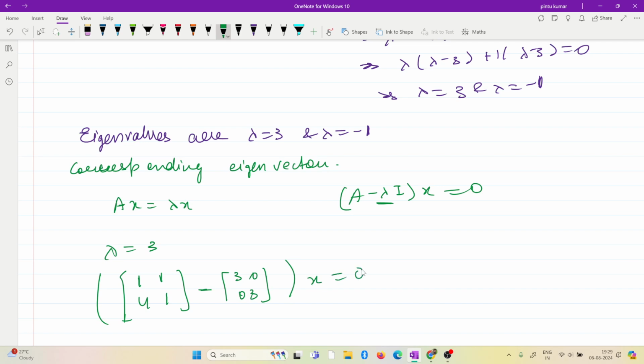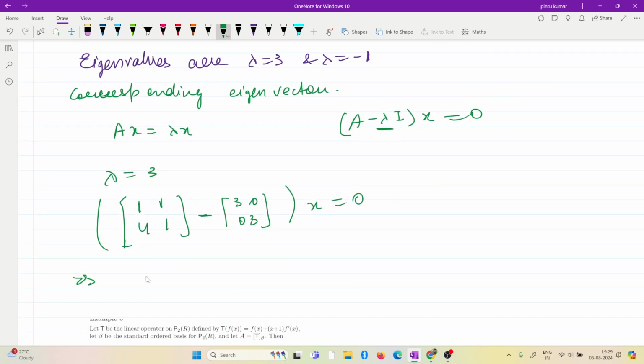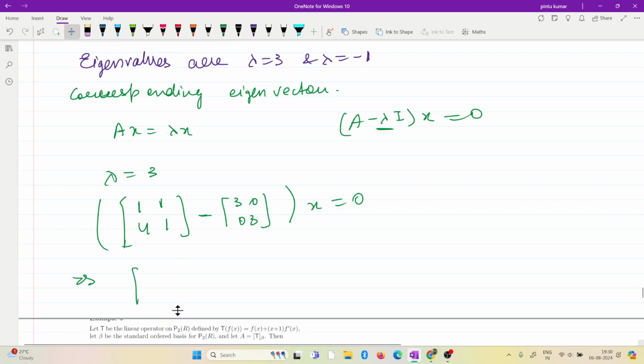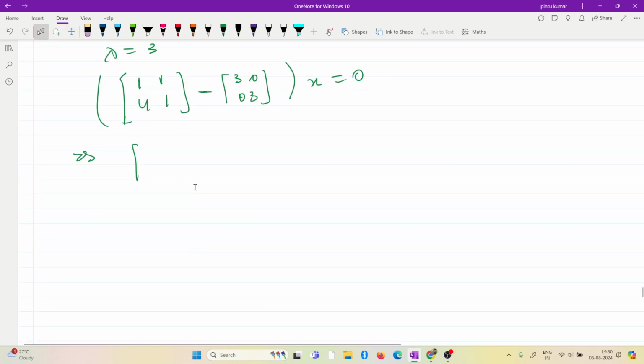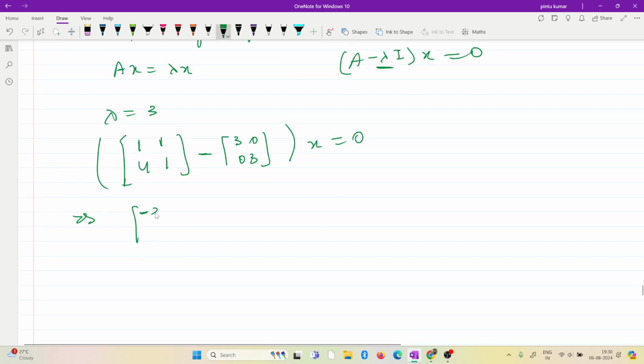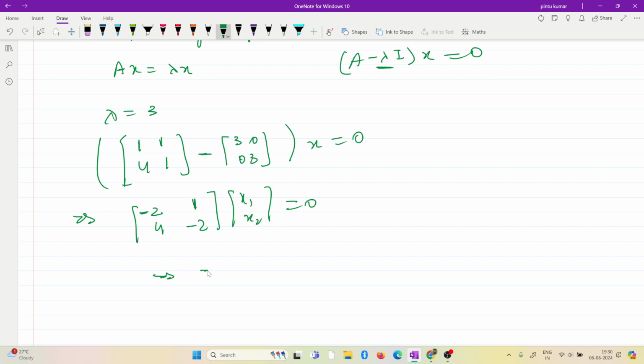This times x is equal to 0, which is equivalent to saying minus 2 4 1 minus 2, right? x1 x2 is equal to 0. What does this mean? This means that minus 2x1 plus 4x2 is 0, or x1 is equal to 2x2.